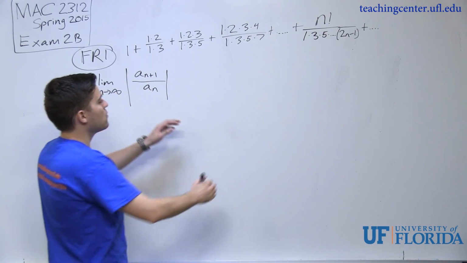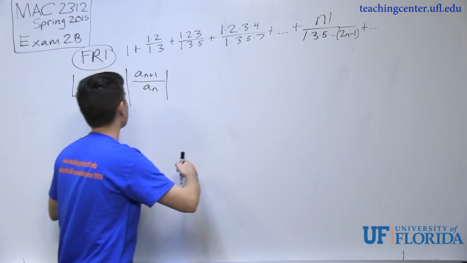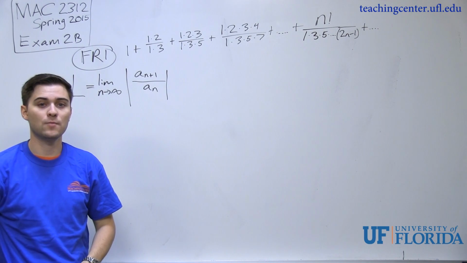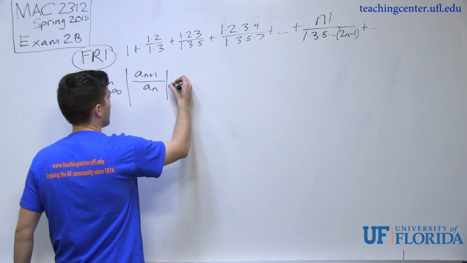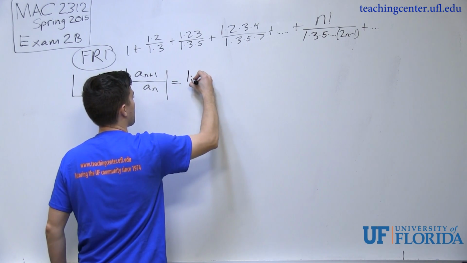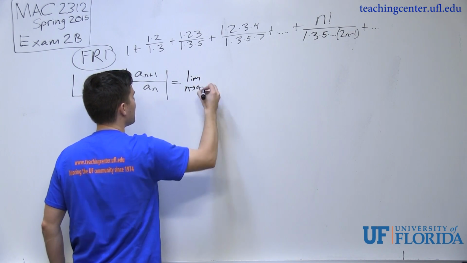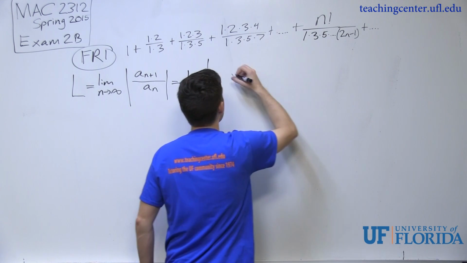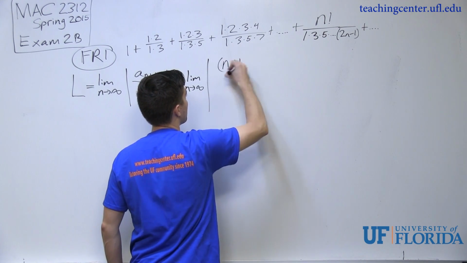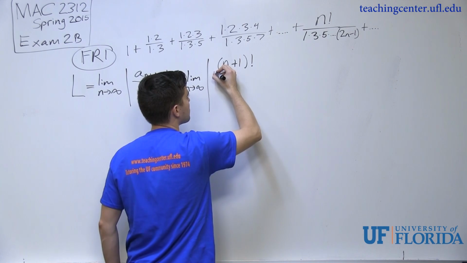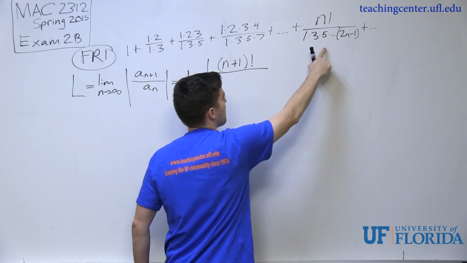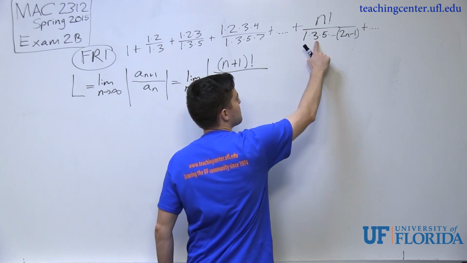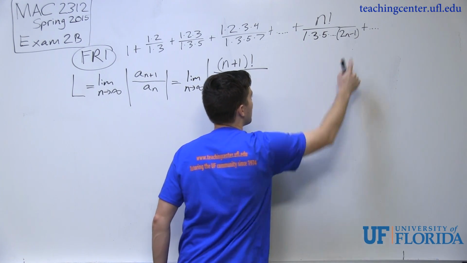Okay, so a sub n would just be this series up here, and a sub n plus 1 would be n plus 1, which means that it's the next term in the series. So if I go ahead and write out what that is, as n approaches infinity, the limit, my a sub n plus 1 term would be n plus 1 factorial over, now on the bottom here I have a product of the sums, so I have 1 times 3 times 5 to the 2n minus 1.